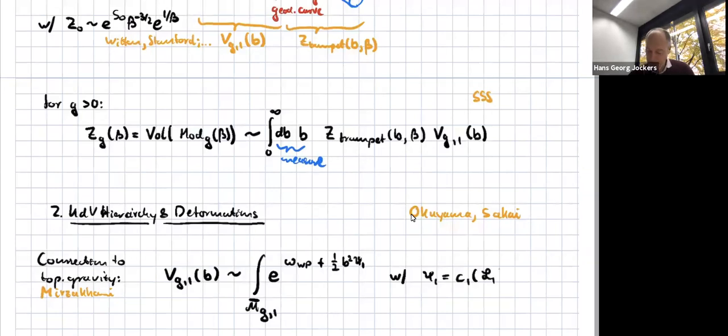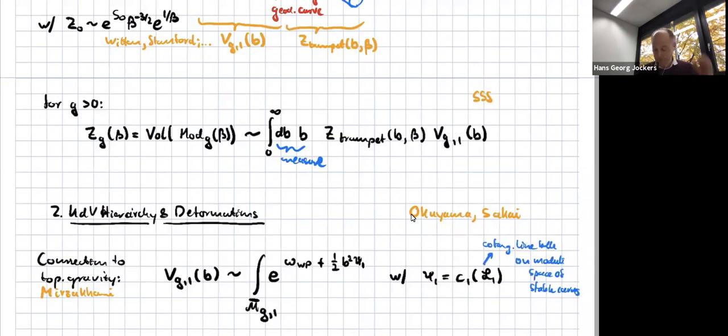So this is the cotangent line bundle on the moduli space of stable curves. How can you think about this? An element of this moduli space of stable curves is a stable curve, and you have a marked point.